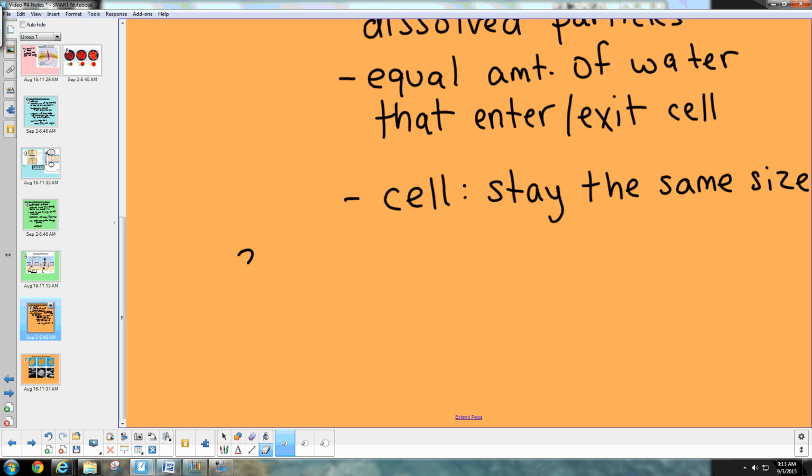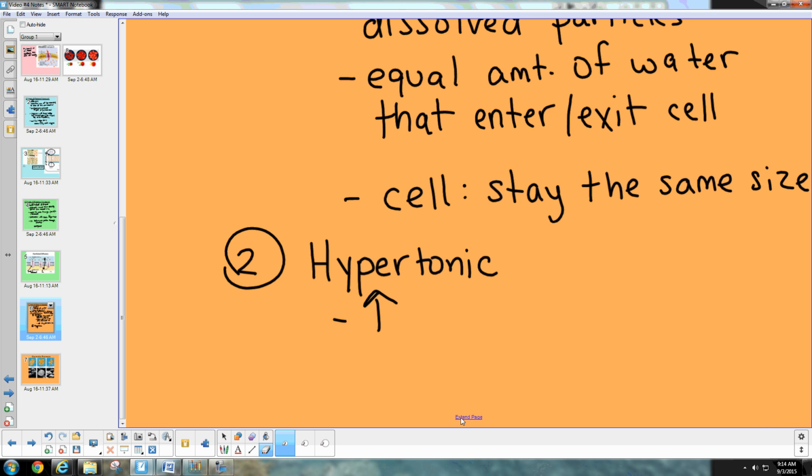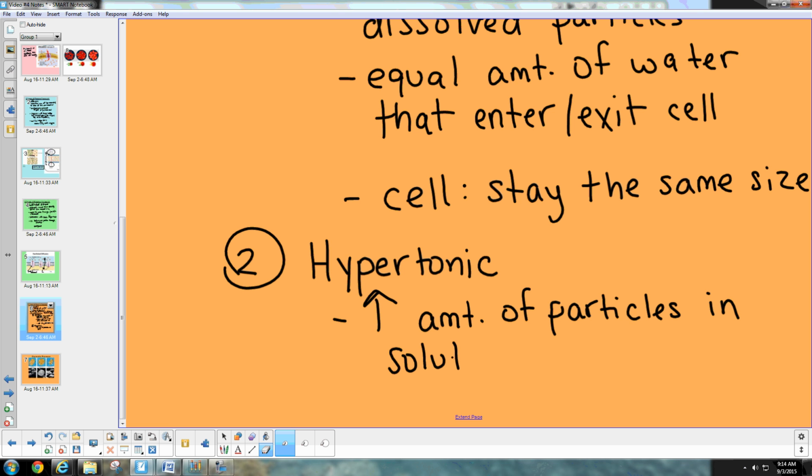Now, the second way that cells are affected by osmosis is known as hypertonic solution. What's going to happen is there's a higher concentration, or a higher amount, of these dissolved particles in the solution around the cell.